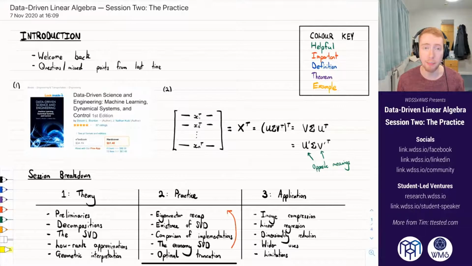The second point I wanted to mention before we get started is that we talked last time about how we had to quite awkwardly have our data matrix represented with the columns going vertically. So the observations were these vertical columns rather than, as we would like, having them horizontally.